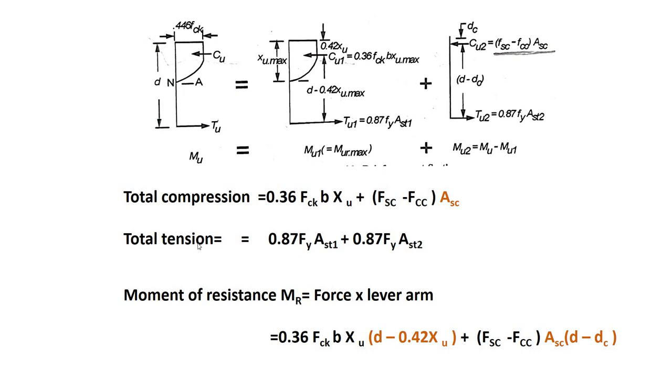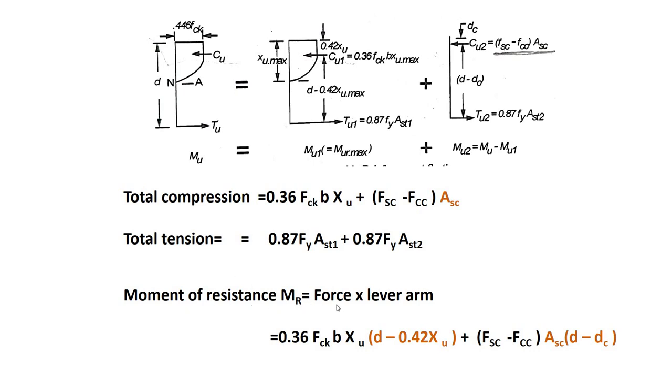In the same way, for the tensile force, the stress is 0.87 fy and area is Ast1 for this particular section, and 0.87 fy is equal to stress into area, that is the tensile steel, or you can say the area of steel for this imaginary section.